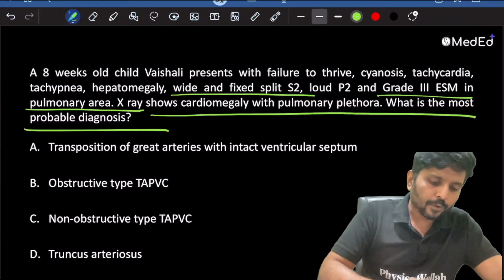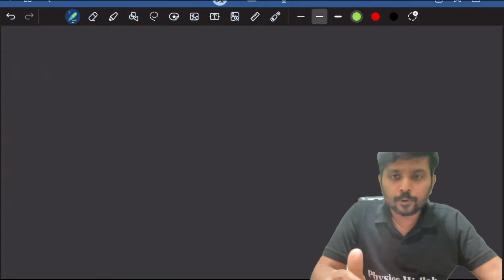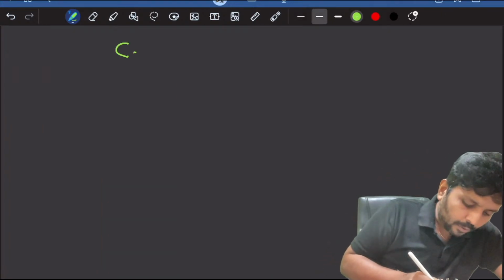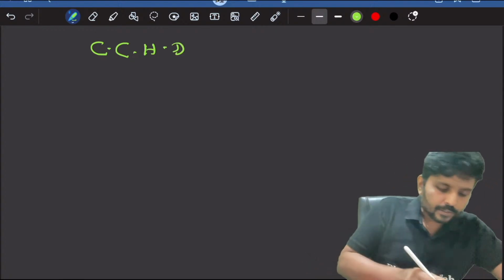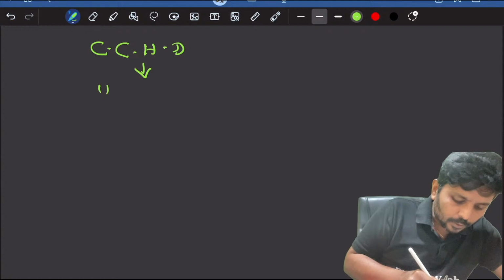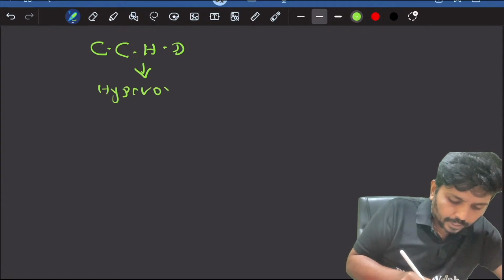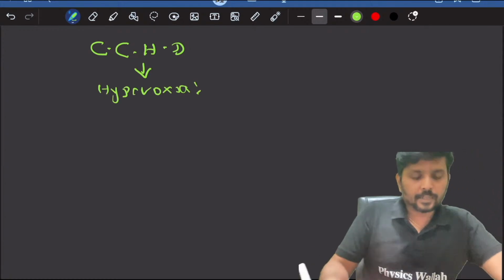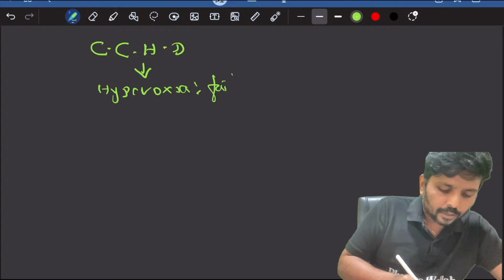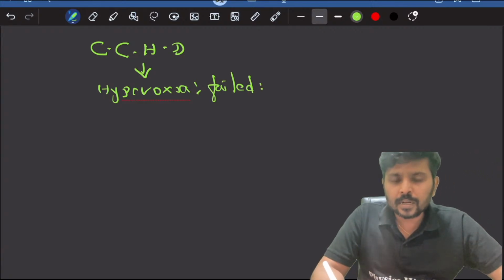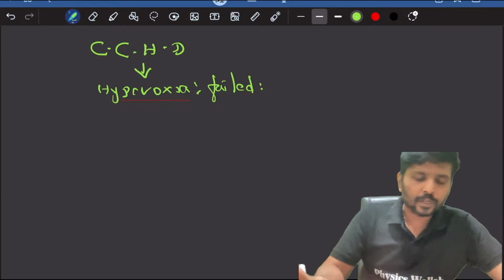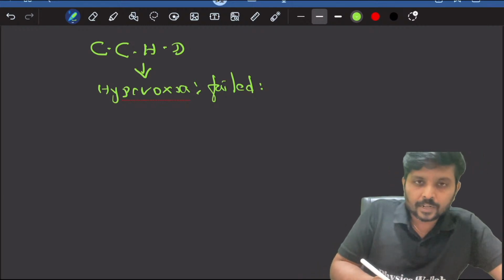So let me give you a simple clue of how to approach a case of cyanotic congenital heart disease. Whenever you see a case of cyanotic congenital heart disease that failed the hyperoxia test. Hyperoxia test means you give 100% oxygen, but despite 10 minutes of 100% oxygen, your oxygen saturation fails to increase. That is called hyperoxia test failed.